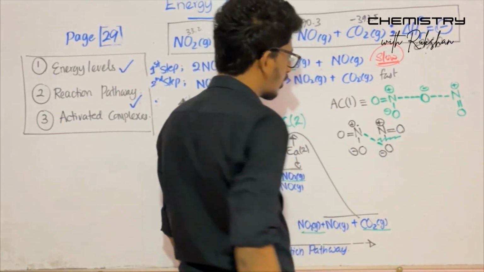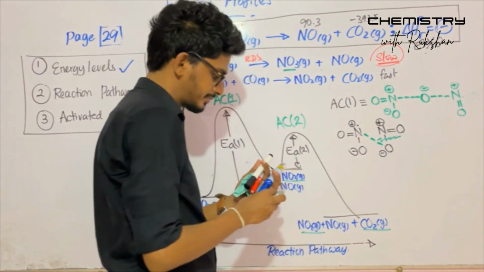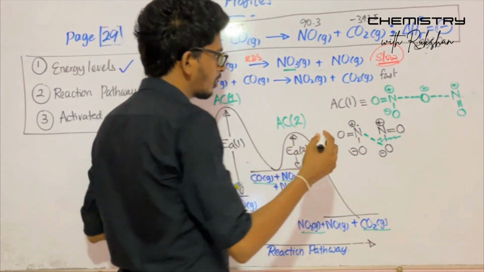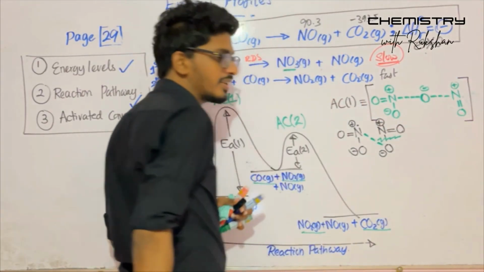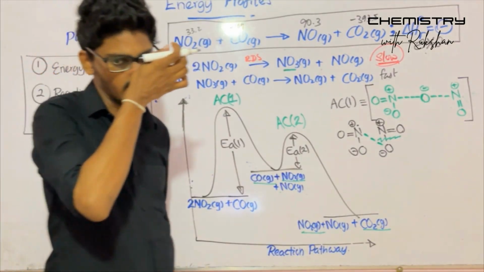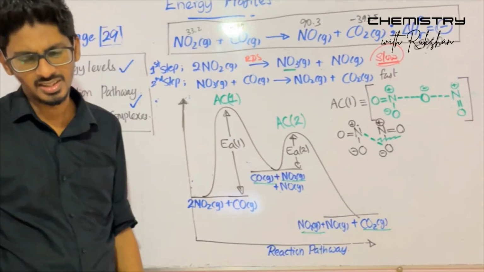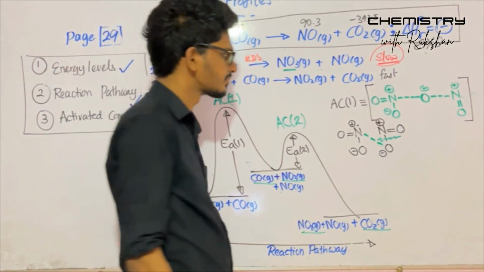What should be mentioned is actually the bonds to break and bonds to form in long dotted lines, right? And normally the activated complexes are written inside square brackets. That is how we normally write those things.